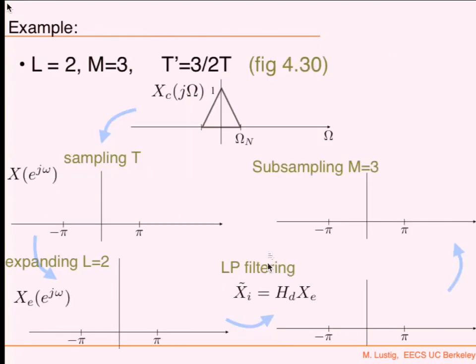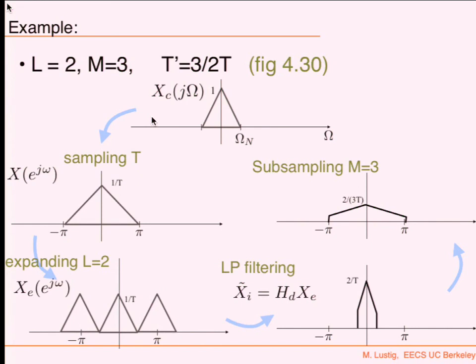So how does it work? Let's pick L equal 2, M equal 3. We start with this. Now, if L equals 2 and M equals 3, it's resample by 3 over 2, right? Yeah, 3 over 2. So we first expand by 2.